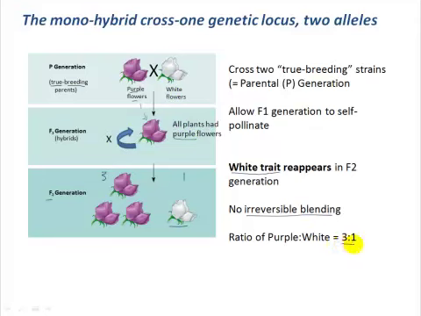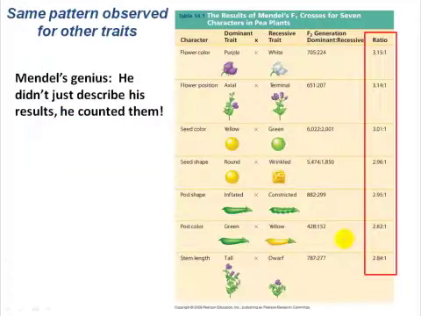And that characteristic ratio of 3/4 to 1/4, or 3-to-1 ratio, he observed not just with respect to flower color, but for 6 other traits that he was studying.